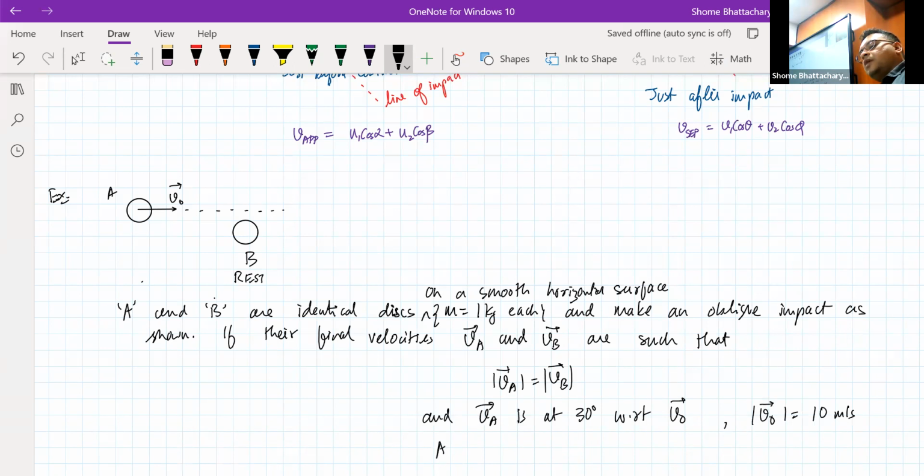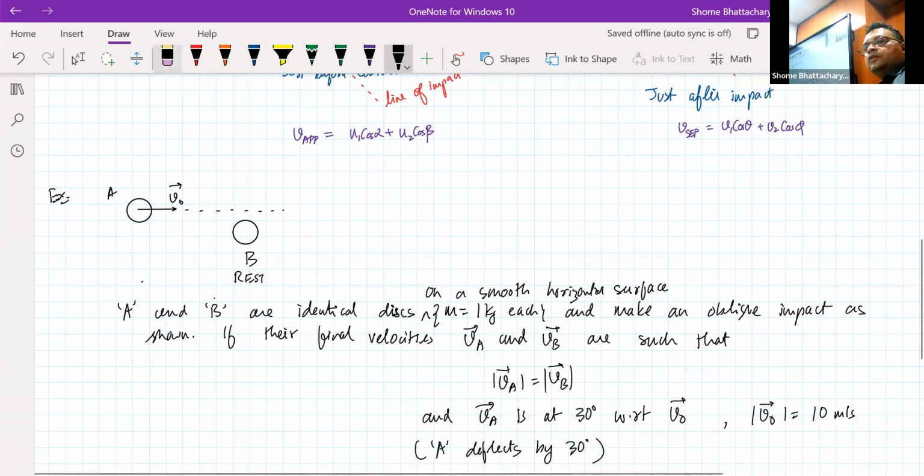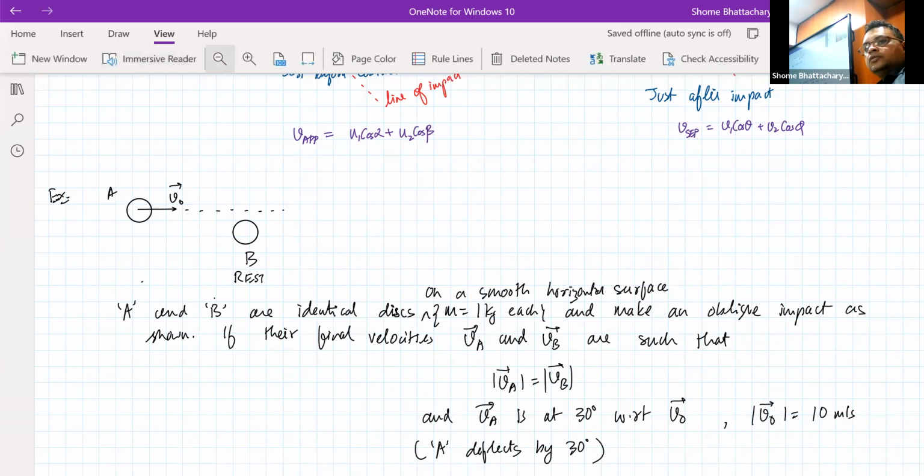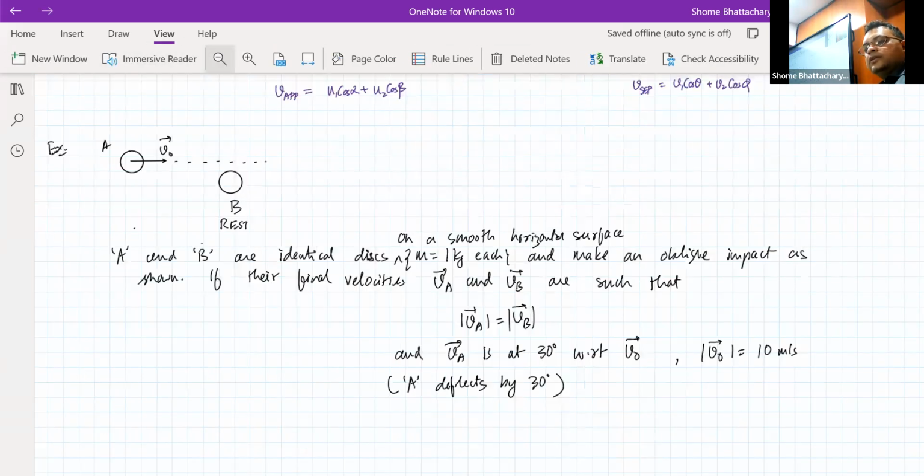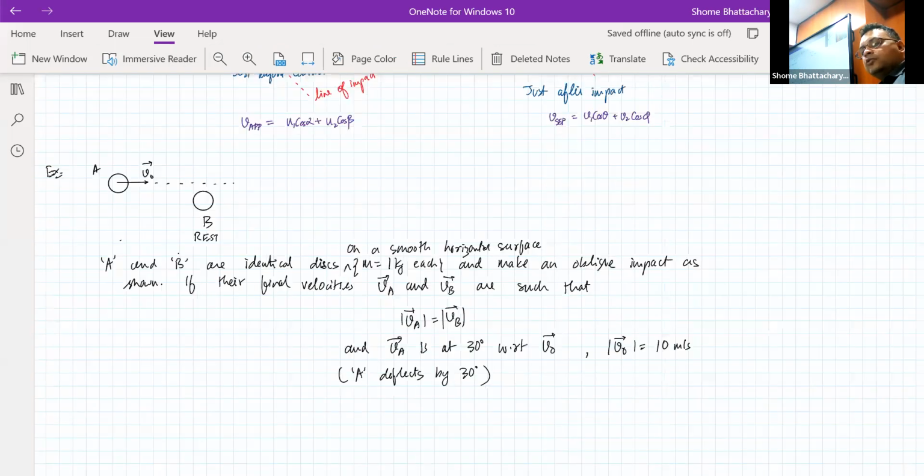So basically particle A deflects by 30 degrees. Now that day we had already found the final velocities, so you may or may not refer to that. You can do this calculation freshly again. But now we want to find two new things.